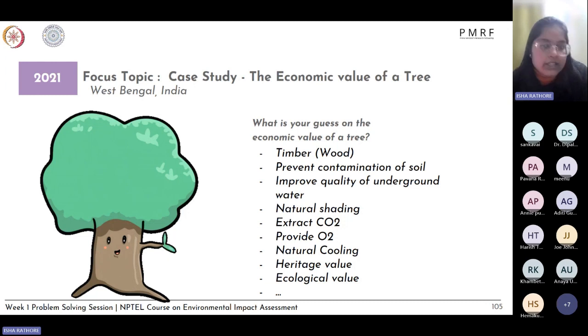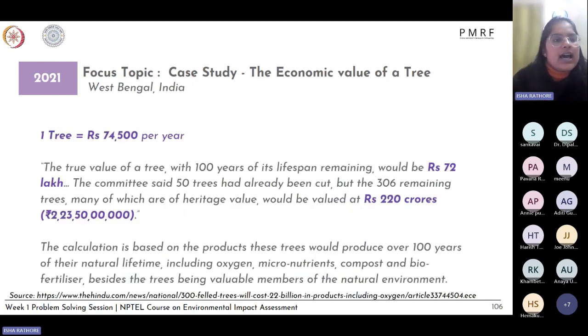It has a heritage value if it's a very old tree, it has an ecological value in the ecosystem around it, and so on. It's a refuge or shelter for different birds and animals, and gives you certain kinds of fruit. All of these different things they listed down, this 5 expert committee, and they came to the conclusion that 1 tree is equal to rupees 74,500 per year. Now this is a per year value.